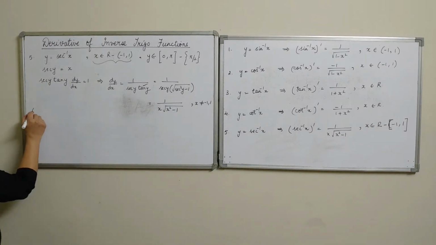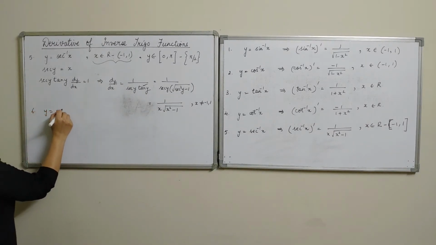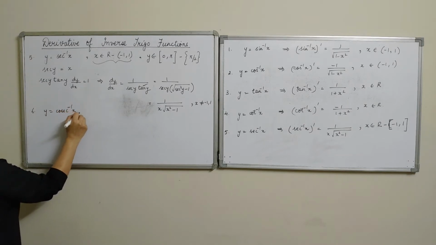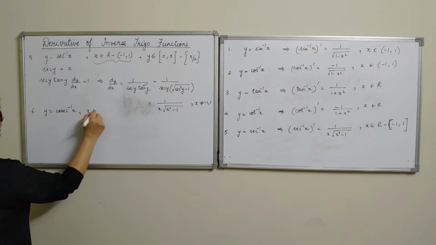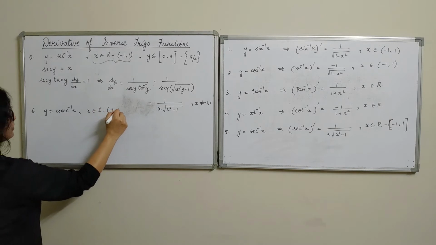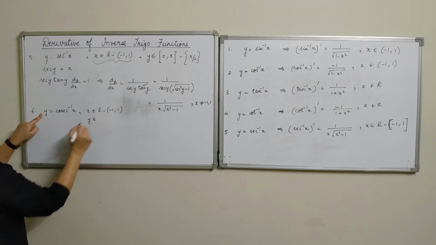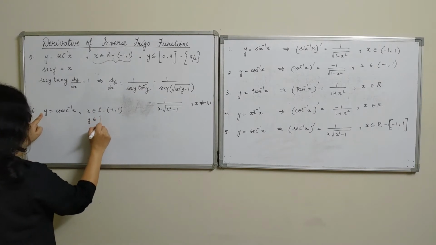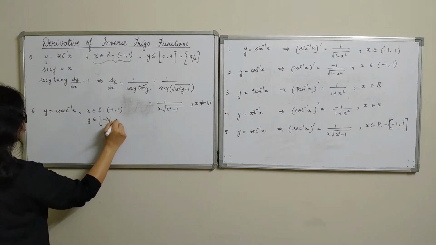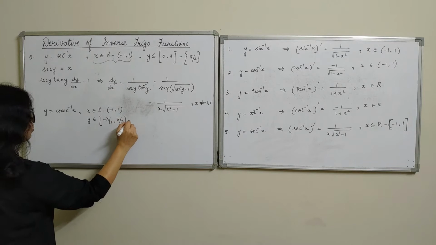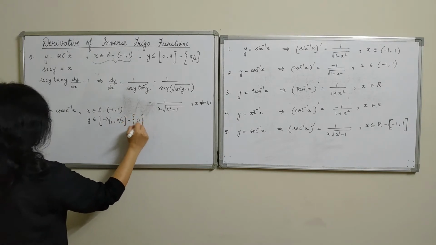Then likewise we move on to y is equal to cosec inverse x. For this also we know x will be the set of all real numbers except this, and the principal branch of the cosec inverse function is the closed interval minus pi by 2 to plus pi by 2 except the angle 0.